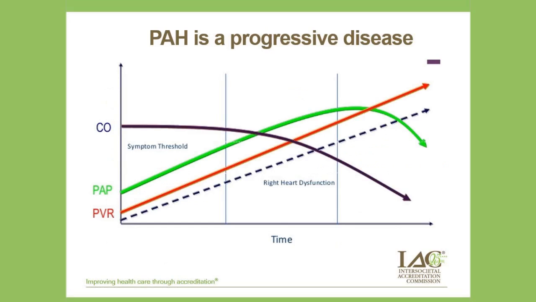Now, this is the reason why I don't like to assign a particular value to say mild, moderate, or severe. As you can see on this graph, the red is the pulmonary vascular resistance, the green is the PA pressure, and the purple, if it shows well on your screen, is the cardiac output. Now, if we look at this point where the green and the purple overlap, let's take that as a sample of a PA pressure.